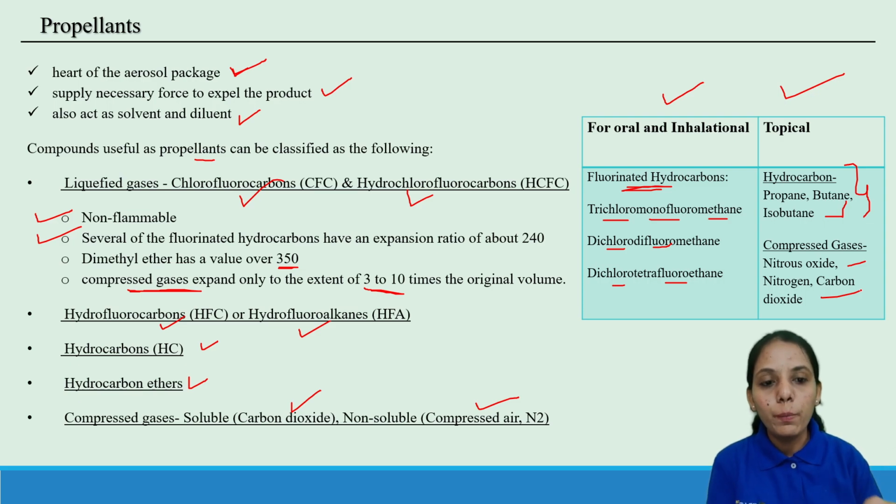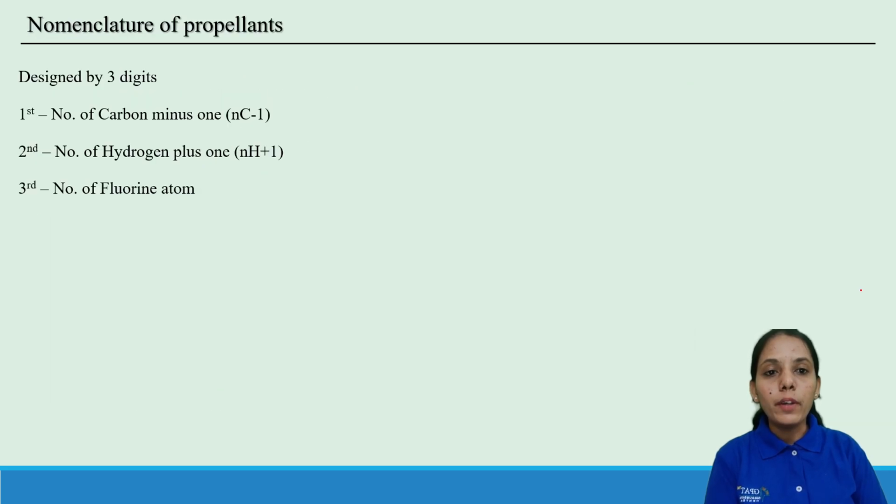Carbon dioxide is soluble and nitrogen is non-soluble or insoluble. So remember what is used for oral and inhalation and what are the propellants used for the topical one. Now very important, let's see the nomenclature of propellants. So basically nomenclature of propellants is designated by 3 digits.